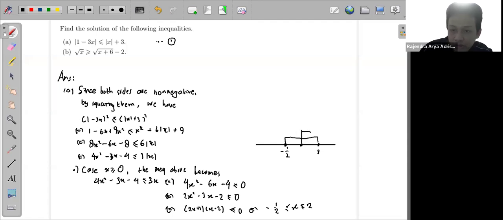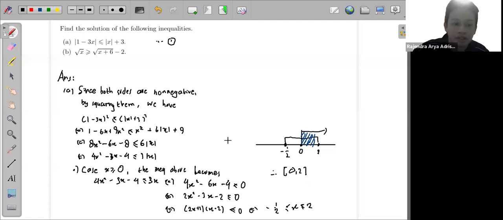So it must meet this condition as well. So let me write in blue. The region that met both conditions is this blue one here. So the solution for this part is, we just write it as this, yeah.